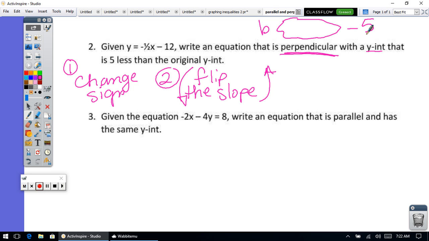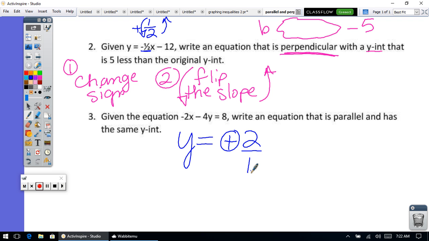So let's start with our given slope. Our given slope is -1/2, right? So let's see what our first step is. The first step said to change the sign. Well, it's negative, so we want to change the sign to a positive. So let's do this down here. Y equals, it's going to be positive. And then we're going to flip this fraction upside down. So we've changed it to positive. Now let's turn that upside down.